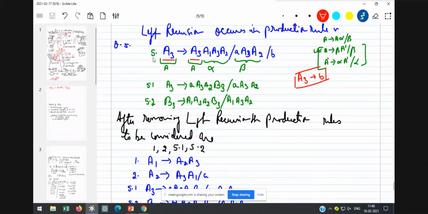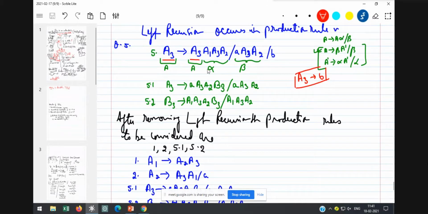After removing left recursion from production rule number 5 completely, 5.1 and 5.2 are generated, but A3 replaceable by B has been left out. But we should not leave out this value also.